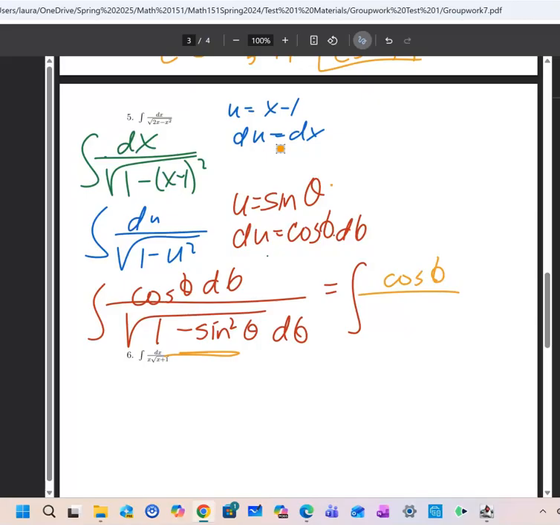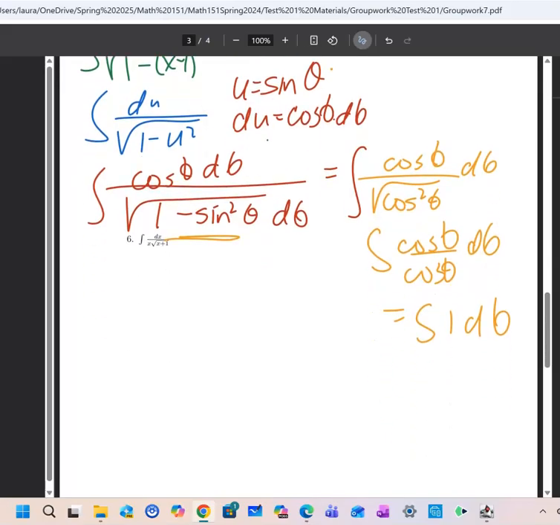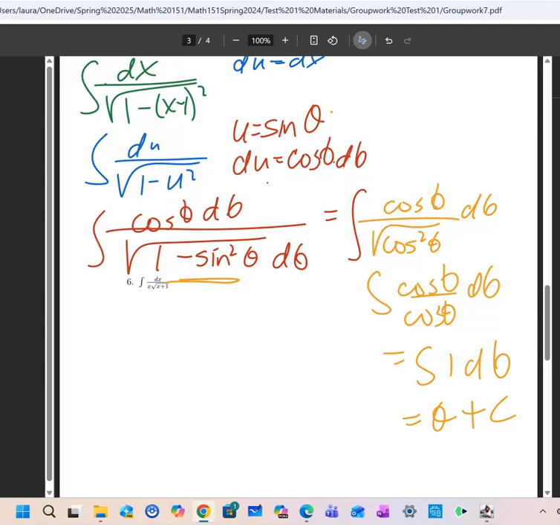This gives me the square root of cosine squared of theta. This turns into cosine of theta over cosine of theta. What's going on? It's just the integral of 1 d theta. So I end up getting the answer of theta, plus a c.